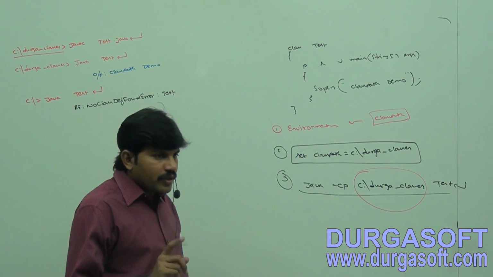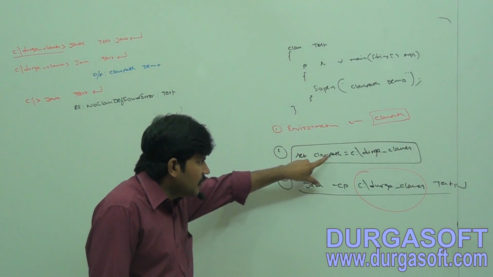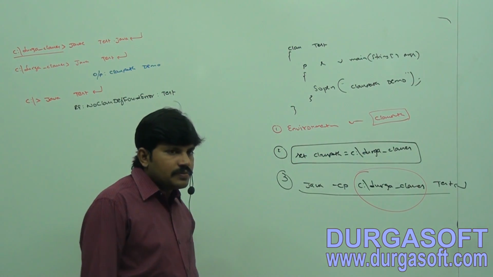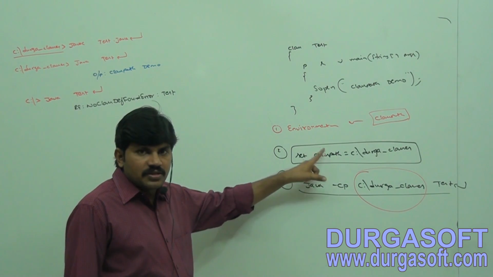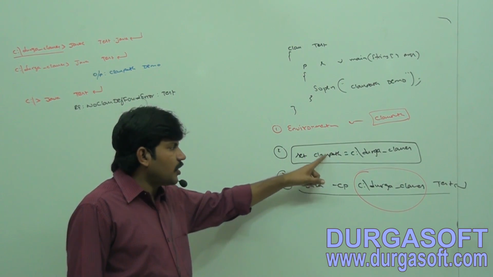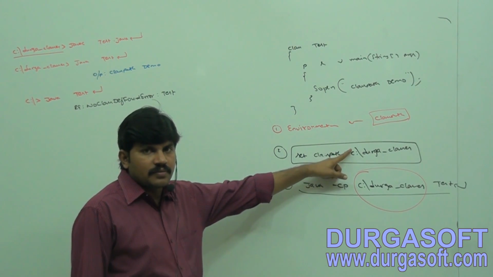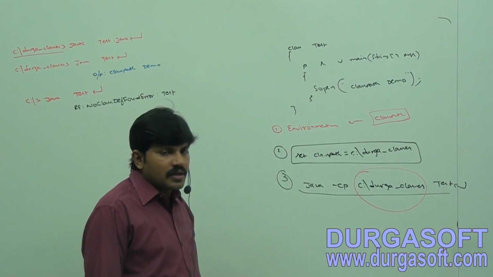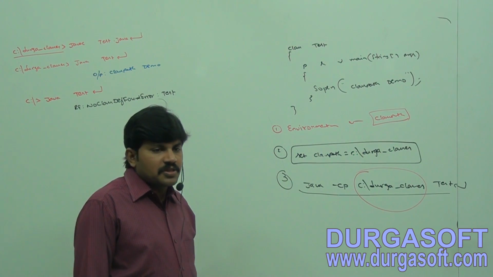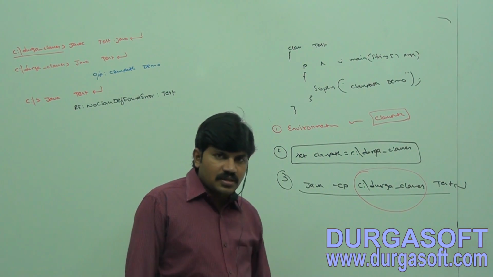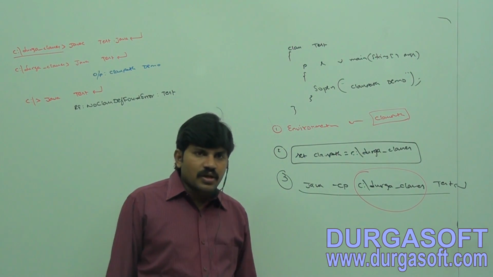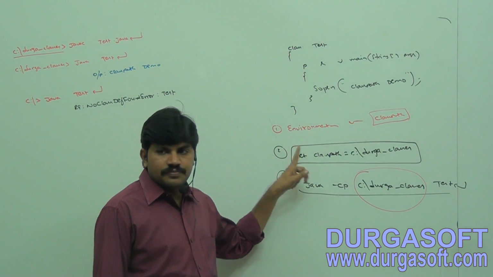Better to take: set class path is equal to C:/Durga classes. Better to highlight it within the box.